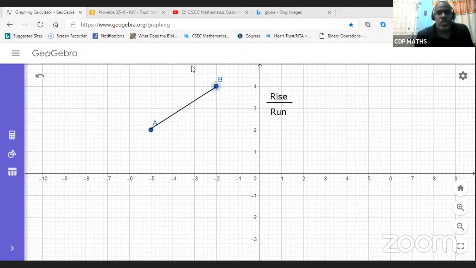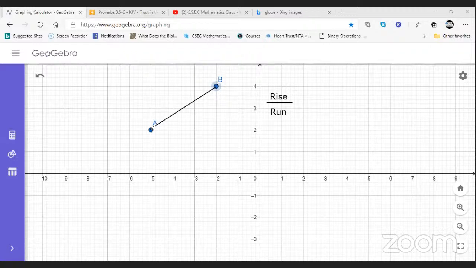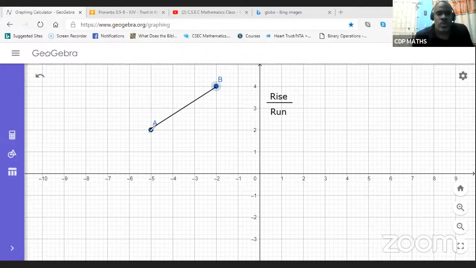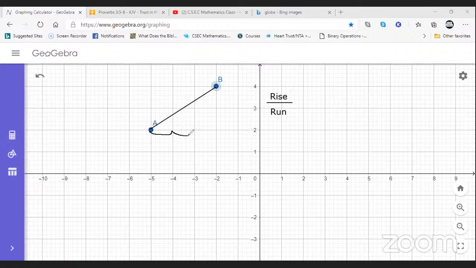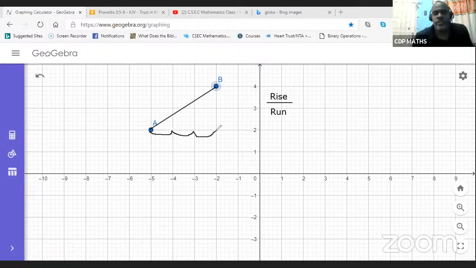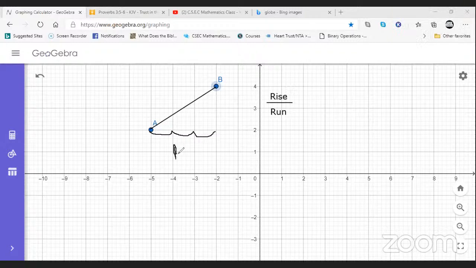When we start to count, what number do we normally use? 0. Count with me, please: 1, 2, 3. So the value of run is 3.